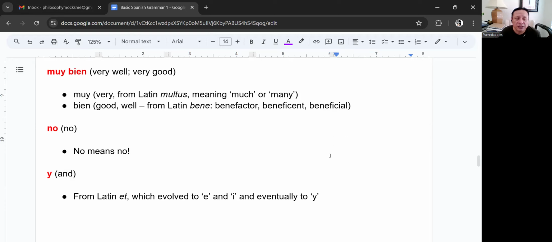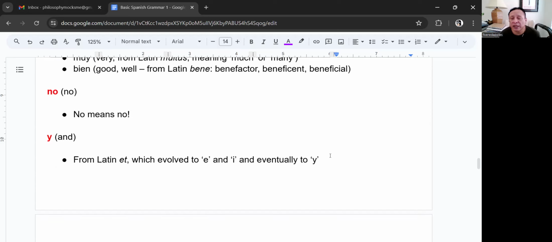No in Spanish is spelled the same way as no in English. It means the same thing in English as in Spanish, but we just have a different pronunciation. Tense your stomach, no, and cut off your breath.